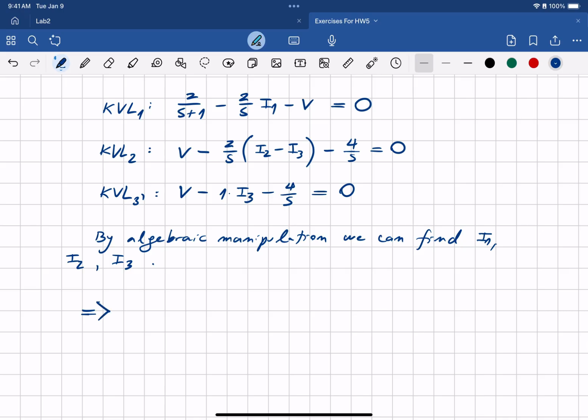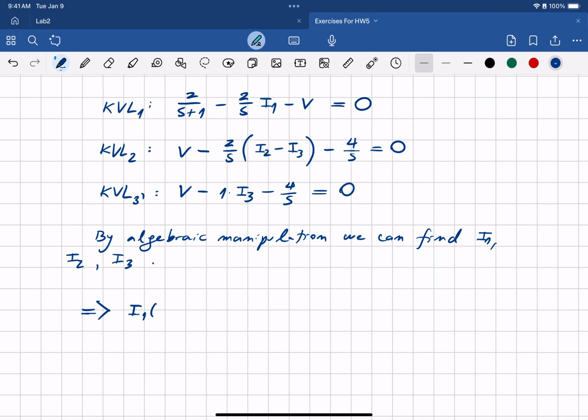Train this. This is gonna be extremely important for all your homework problems, lab work, and also midterm or final exam. So you're gonna get to an expression. I have triple checked this, so you should definitely get to this expression here. I'm gonna do it in 2 steps such that you can check in the middle. Calculations: 2 over s plus 1 minus V. V is what we found up there.